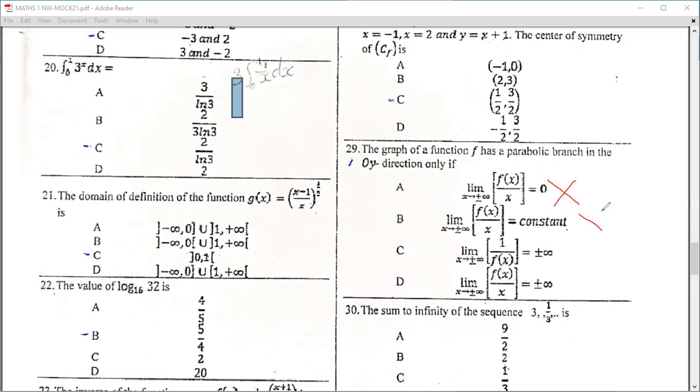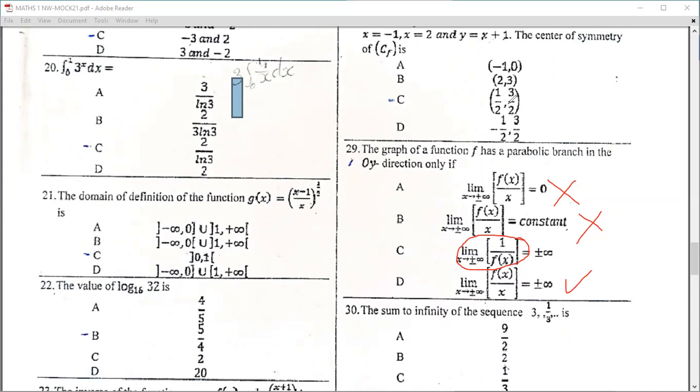If it's 0 or a constant, in fact all of these are constants, and we don't have any test like that. This is the only test that we have, the test for parabolic branches. If the limit of f of x on x as x tends to plus or minus infinity is equal to plus or minus infinity, whether plus or minus, then it means that there is a parabolic branch in the y direction. So this is what we have.